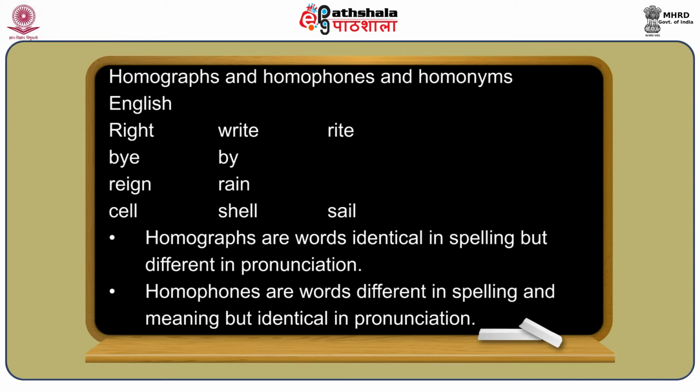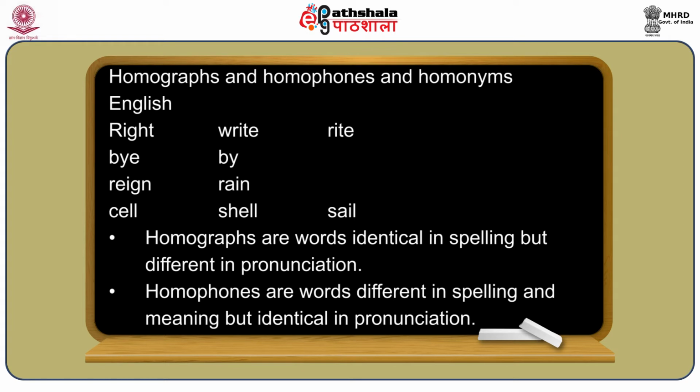For example, the English words right, write, rite. They have three different spellings, but are pronounced almost the same and have different meanings. Although different in spelling, they are pronounced identically. Such words are called homophones.